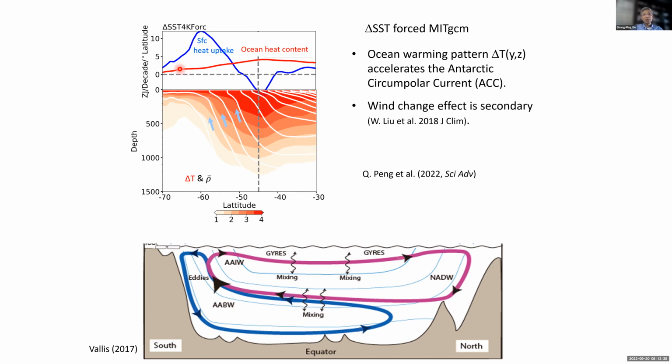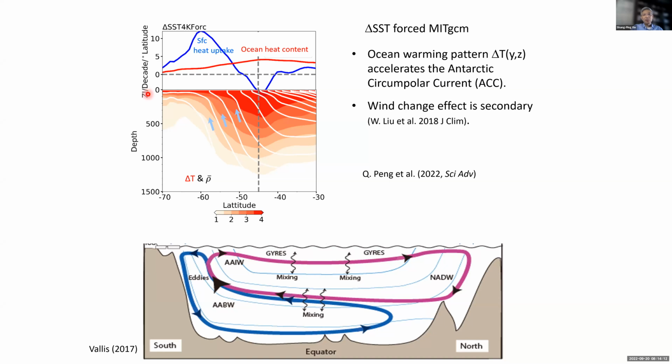So the ocean heat uptake is tremendous in this upwelling region, but that ocean heat content change, right? This red shading represents the ocean temperature change. The upwelled waters absorb the anthropogenic heat and are advected northward by the Ekman flow in response to the westerly wind.